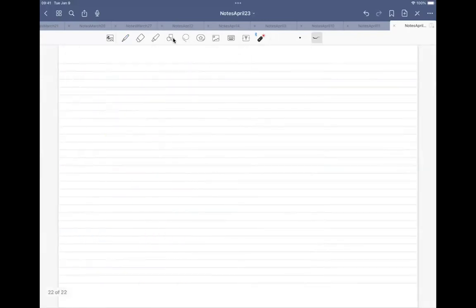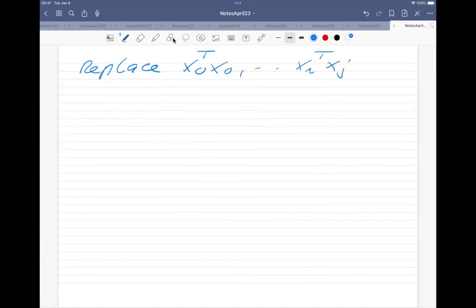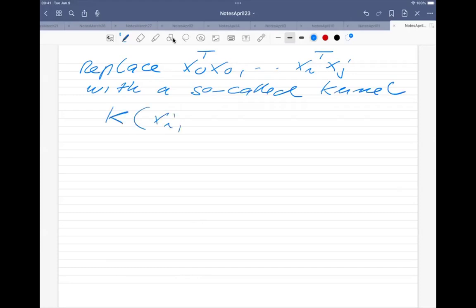So we can replace x0, x0: in general, we have an x of i and an x of j with a so-called kernel, which is now going to be given by the function k of x of i, x of j.